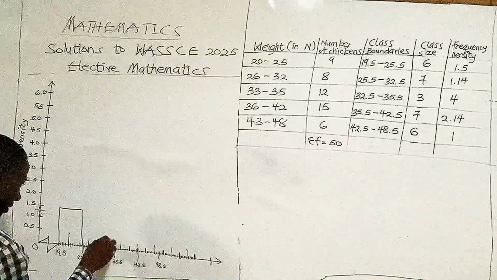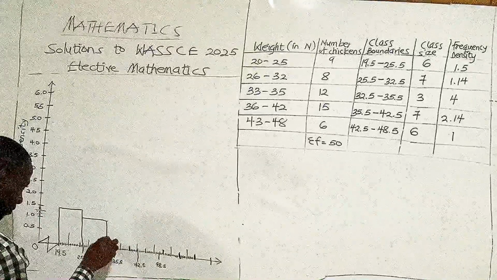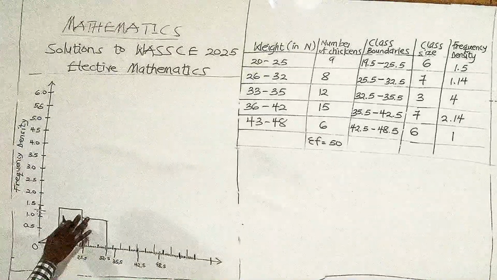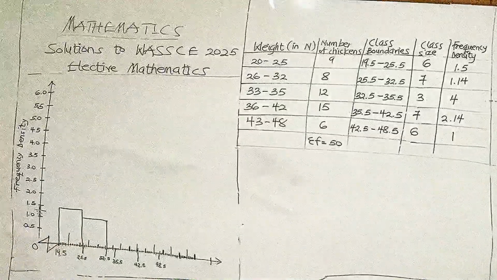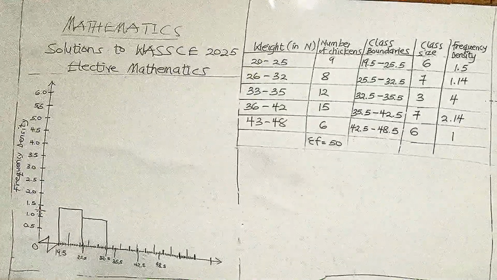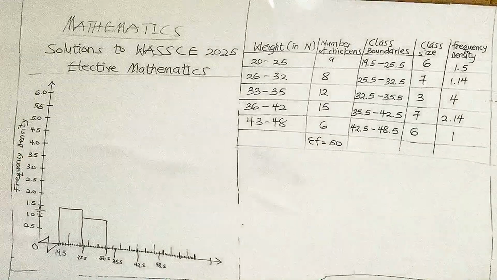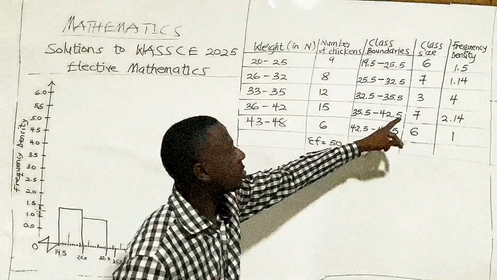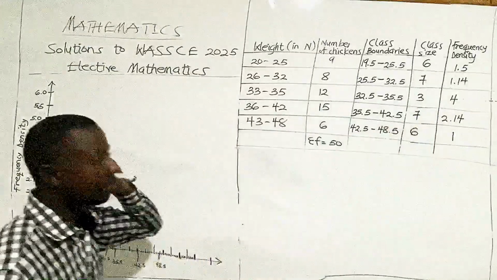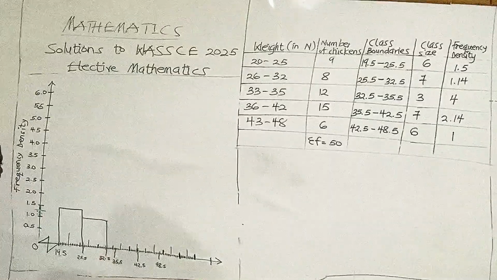So you just trace. All right. Very good. So this is how the bar will be. The next one, 3 to 3, is also corresponding to 4 from the frequency. So you could see that the bars have already been drawn.